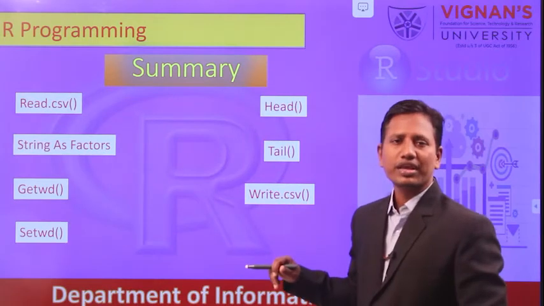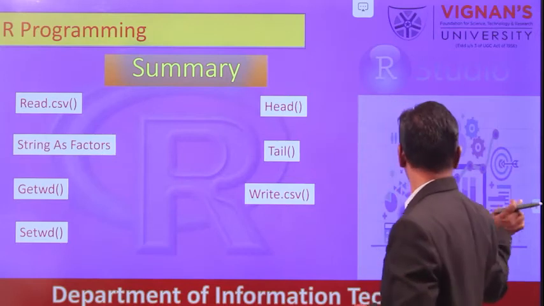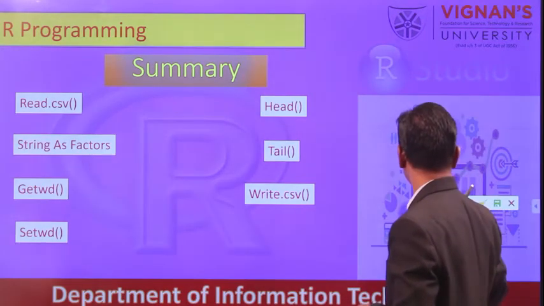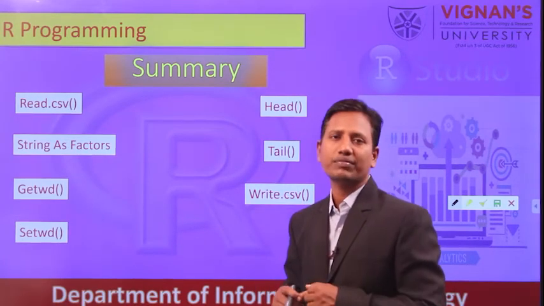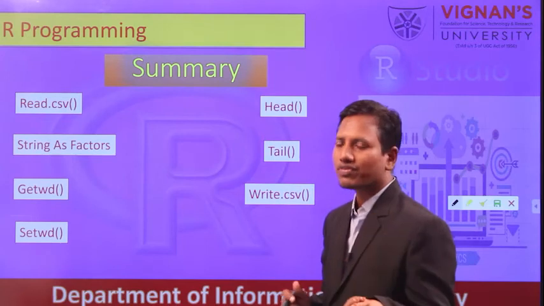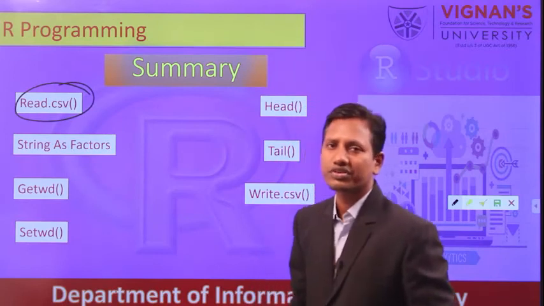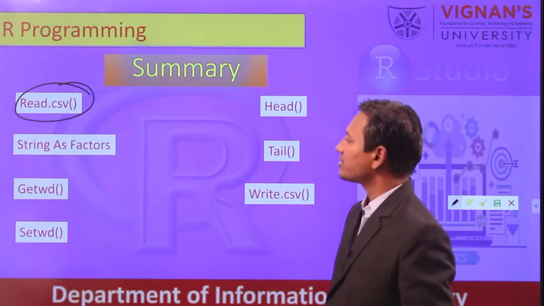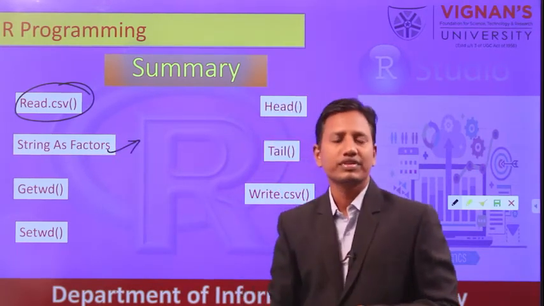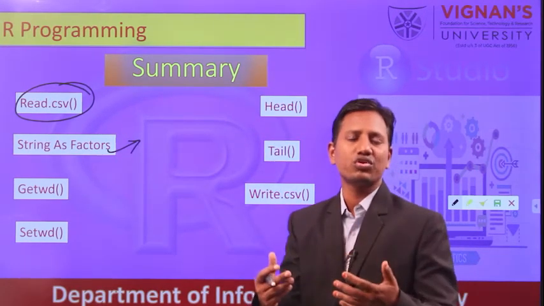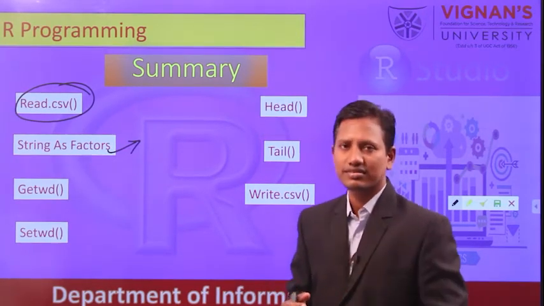So coming to the summary, what have we learned in this lecture? First, we have learned how to load the data. To load the data into our environment, we use the read.csv function. Next, we learned about stringsAsFactors, that is, how string data is represented as factors in the form of levels.